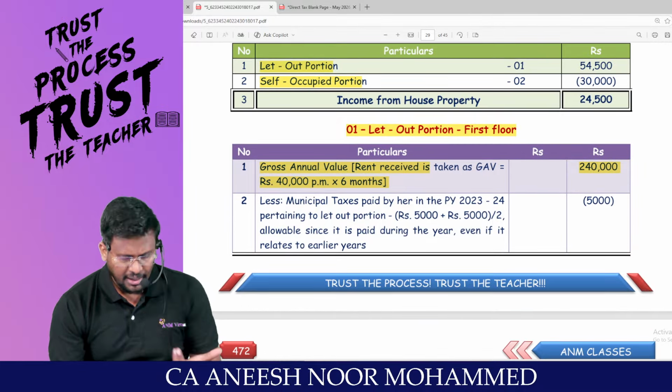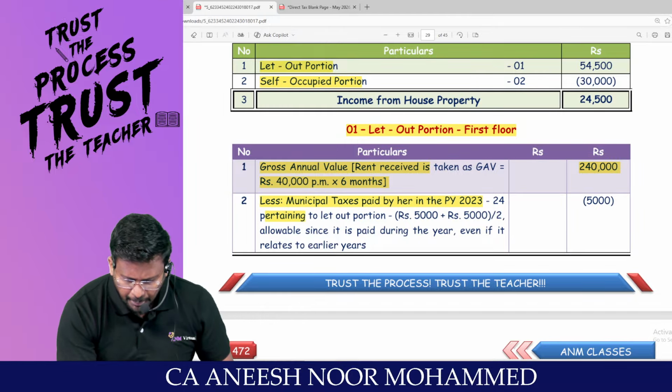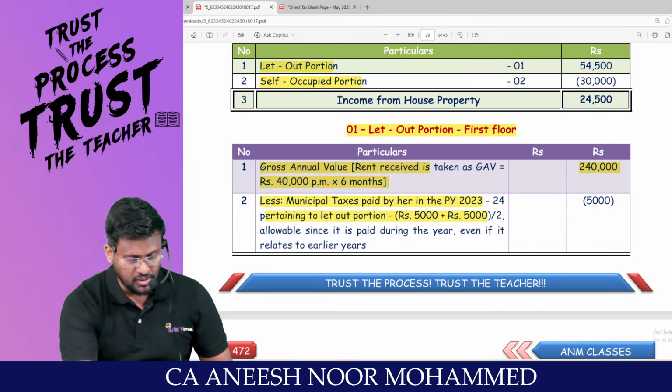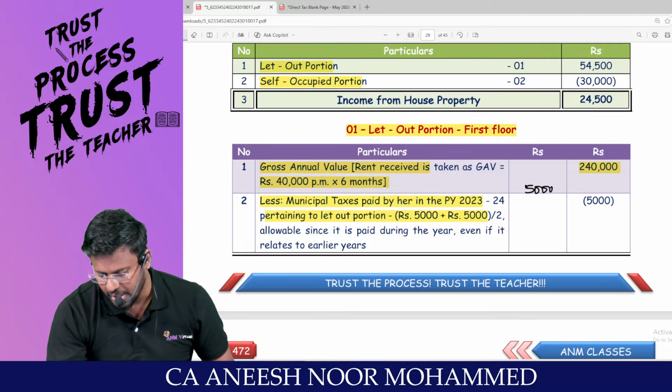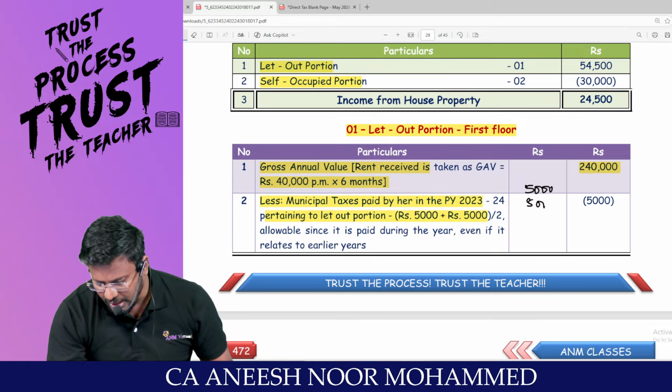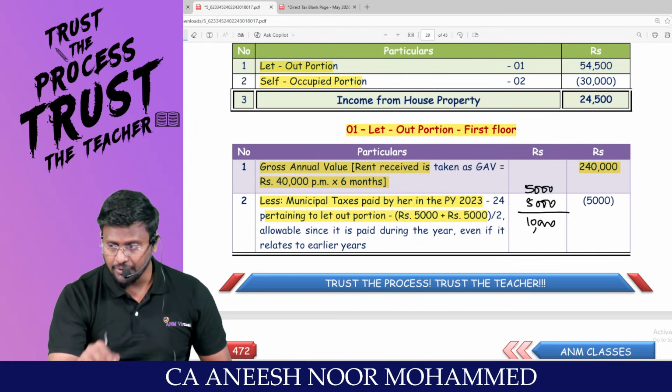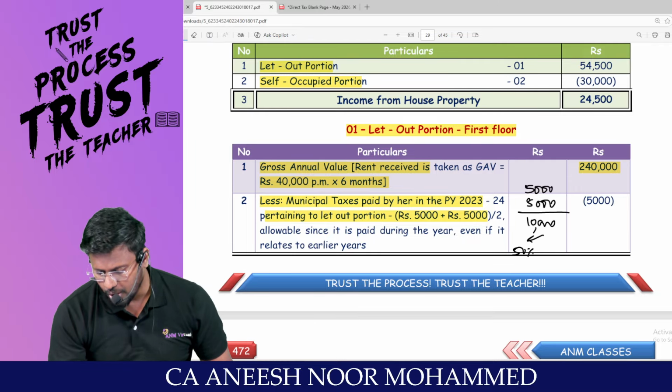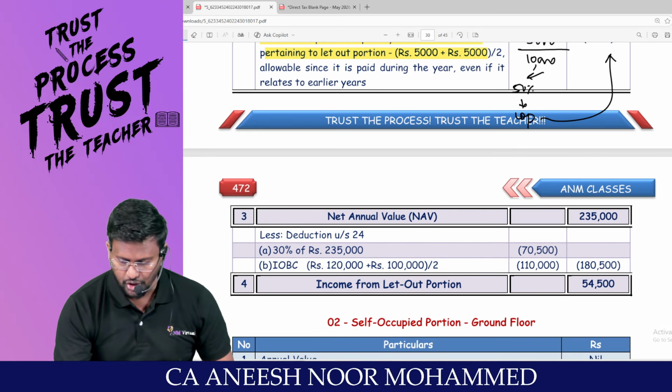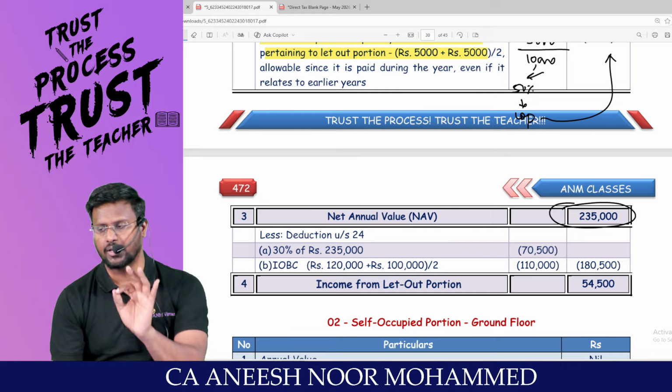Am I right? Less local tax, municipal tax paid by the owner. My dear lovable students, last year's 5,000 paid in the current year, current year 5,000 paid in the current year. Total 10,000 paid. Out of that 10,000, 50% is for let out portion. So 5,000 can be claimed as a reduction. The NAV will be 2,35,000.